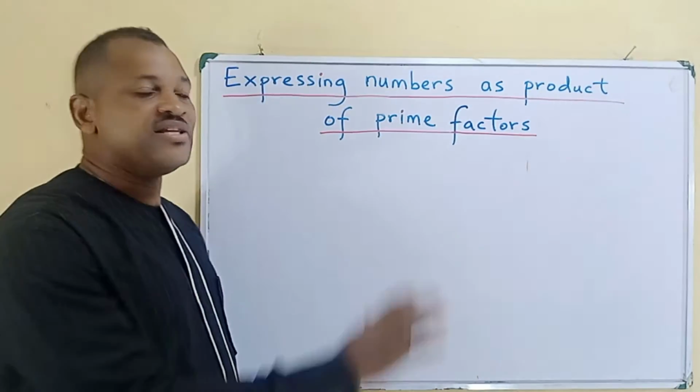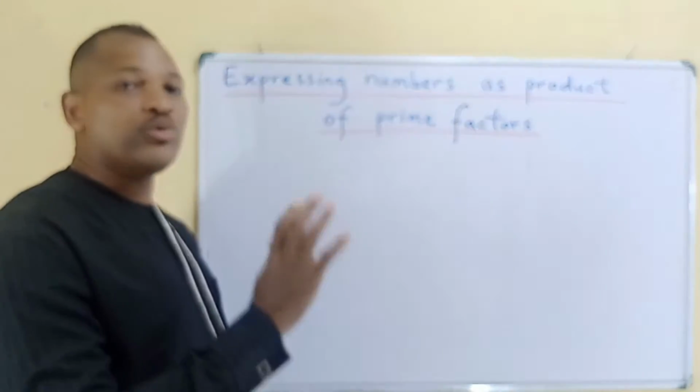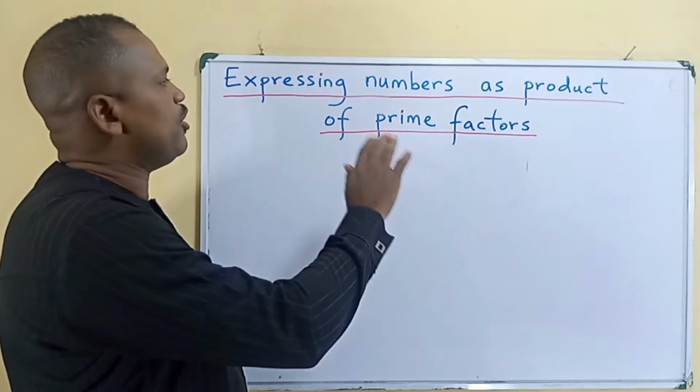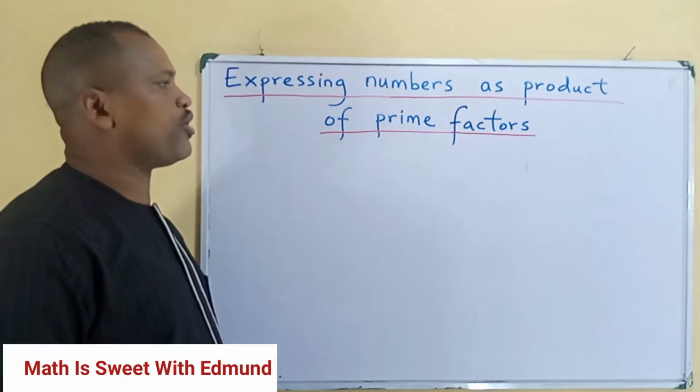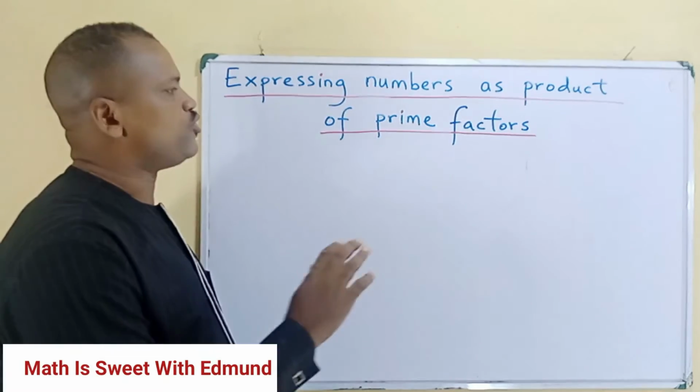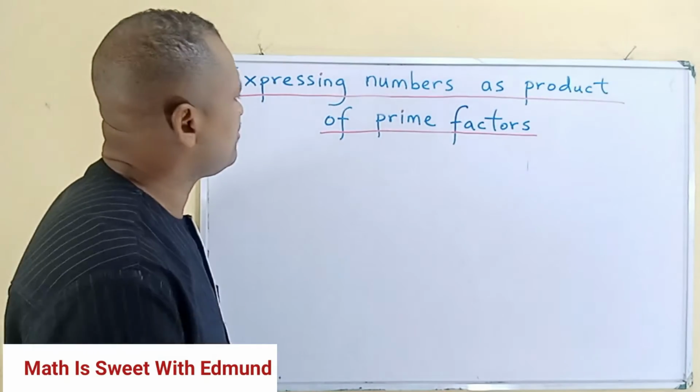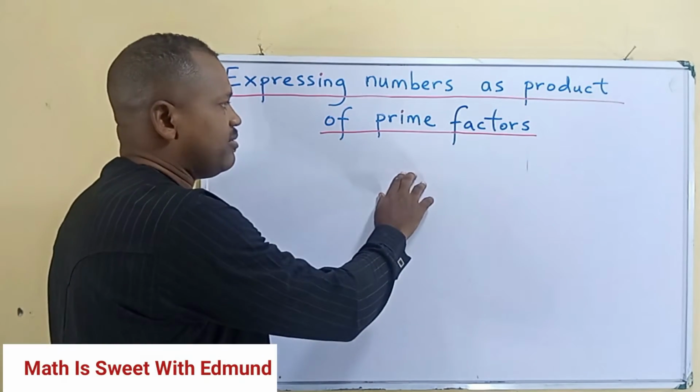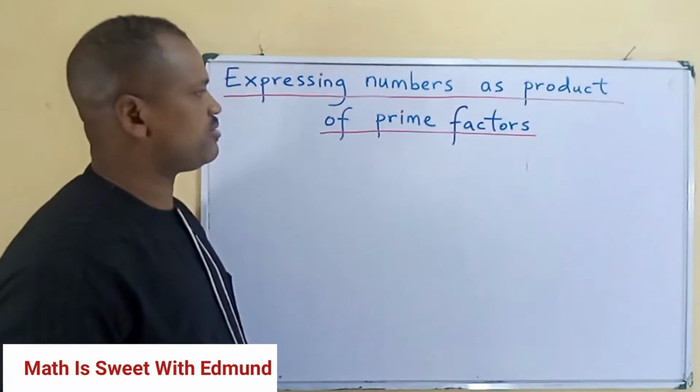In this video, we shall be looking at expressing numbers as product of prime factors. Now, two things are involved here: prime and factors.